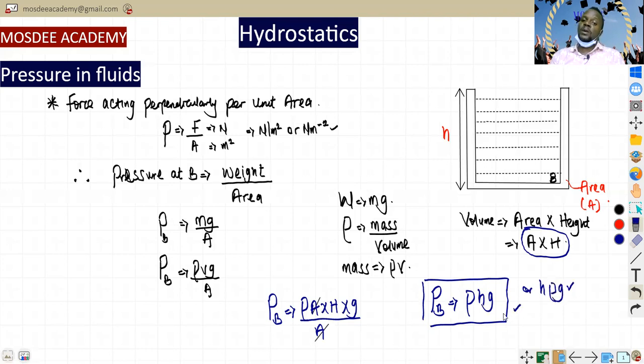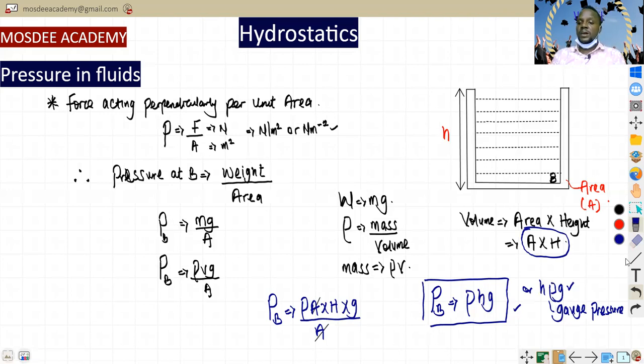So keep in mind that the pressure due to the whole weight of the container is given by the formula H rho g, which is quite important for us. This is also called the gauge pressure. So that is the introduction to this formula, which we need to keep at the back of our mind to solve a lot of numericals, and that is not all.